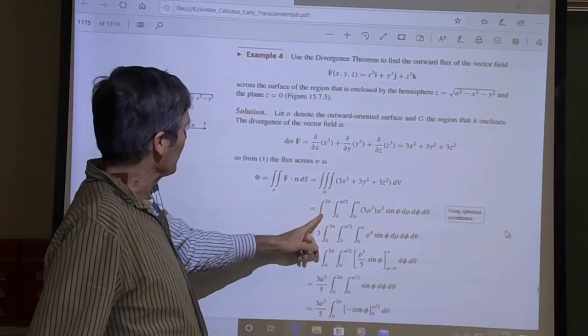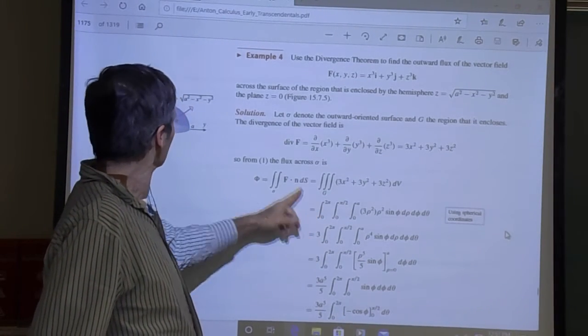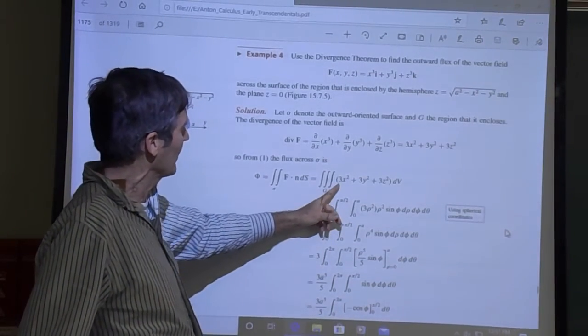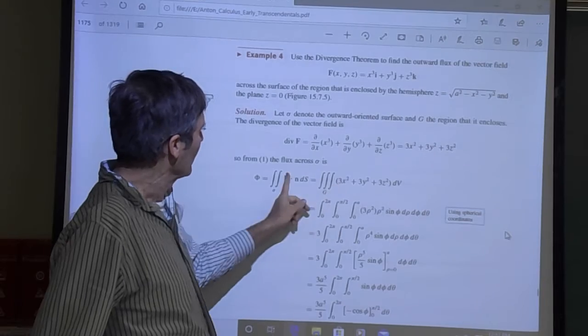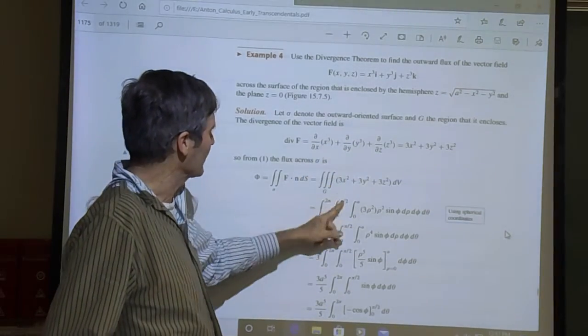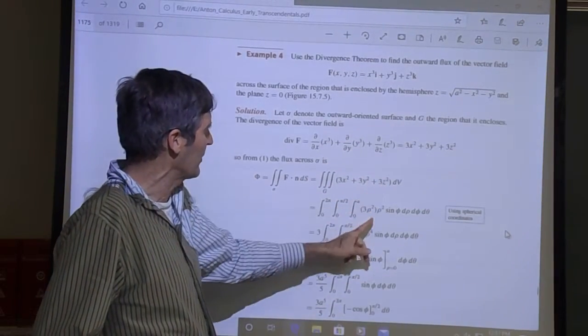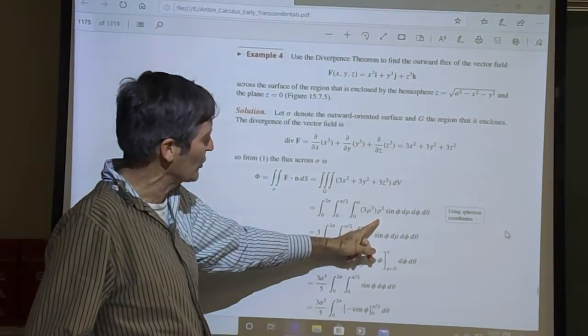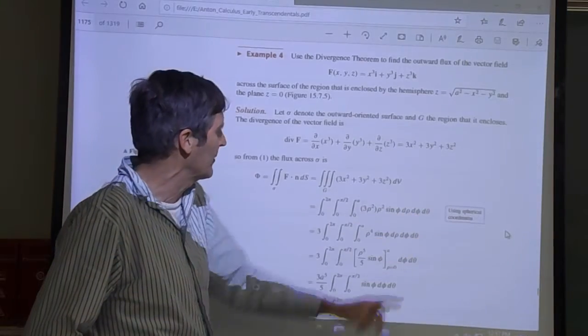To integrate over the hemisphere, we'd like to use spherical coordinates. So we replace the divergence, which if you calculate it is 3x squared plus 3y squared plus 3z squared, which is 3 rho squared. And in spherical coordinates, dv becomes rho squared sine phi d rho d phi d theta.